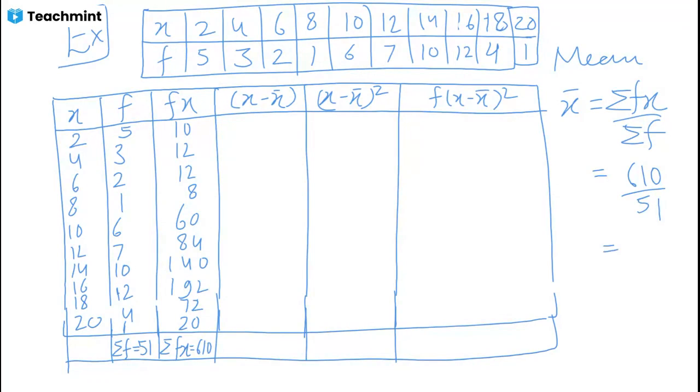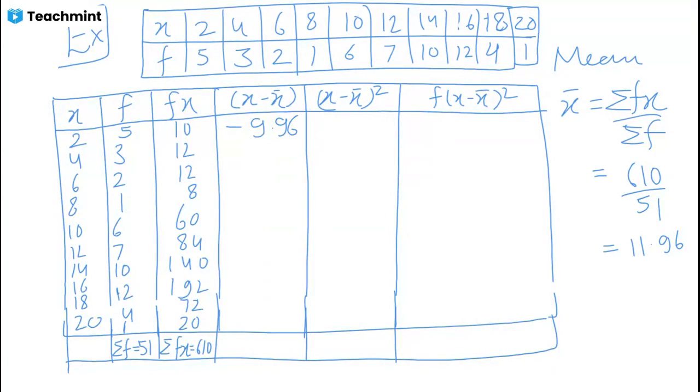So we'll have here 11.96. Now we need to subtract this 11.96 from each value of x. So 2 minus 11.96, we have here. Shall I write here directly? Yes, yes, ma'am. You can.